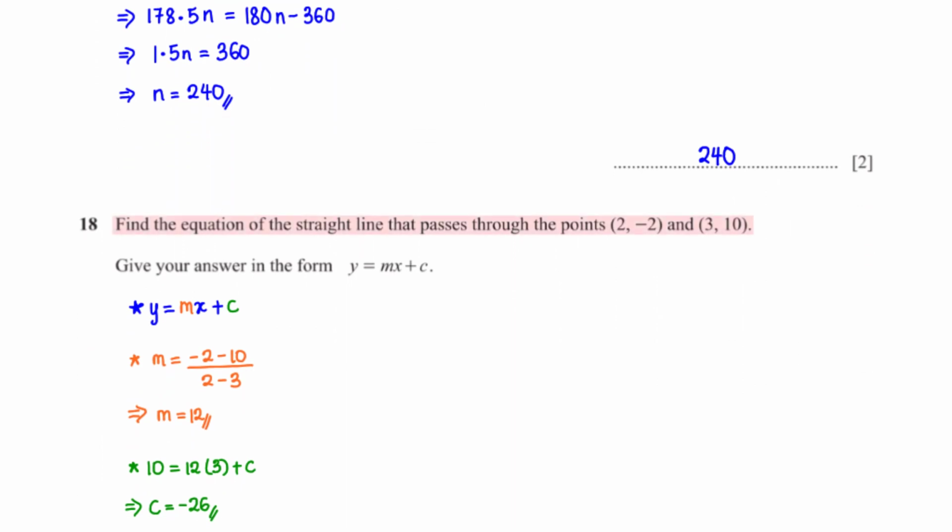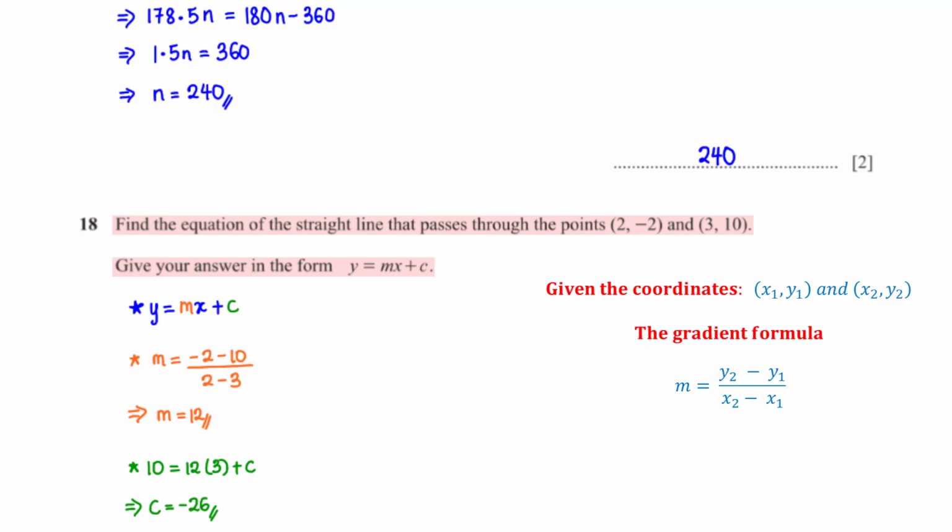Find the equation of the straight line that passes through the points (2, -2) and (3, 10). Give your answer in the form y equals mx plus c. All we need to do is find the values of m and c and plug in these values into y equals mx plus c. We can get the value of m by applying the gradient formula.